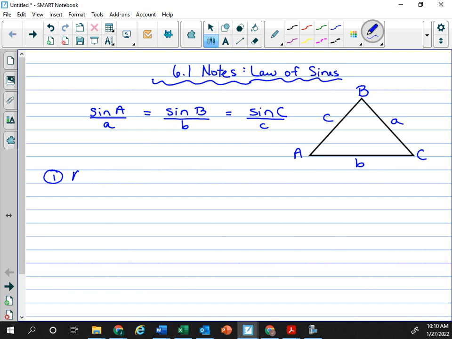So first one we'll do here, we're given angle A is 75 degrees, angle C is 60 degrees, and side B is 34.